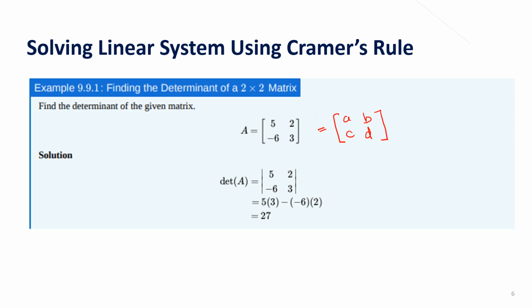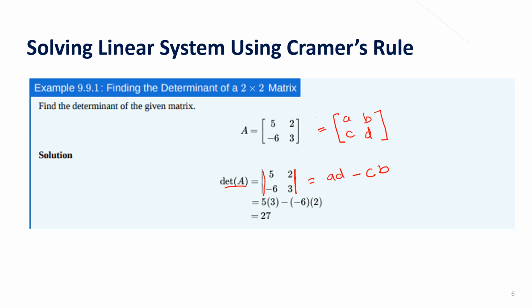And then the determinant of matrix A, or the single straight line bracket, equals A multiplied by D minus C multiplied by B, or B multiplied by C.